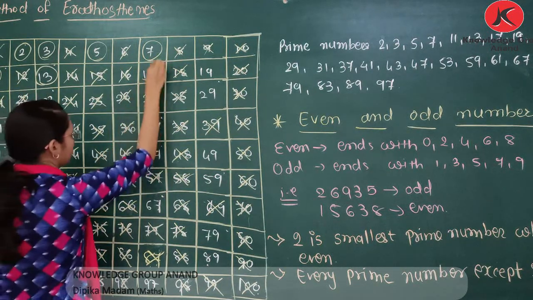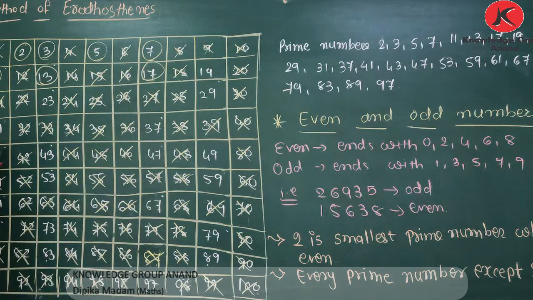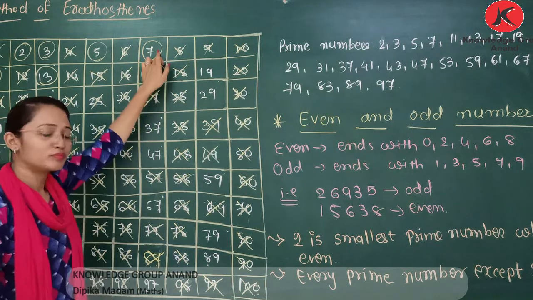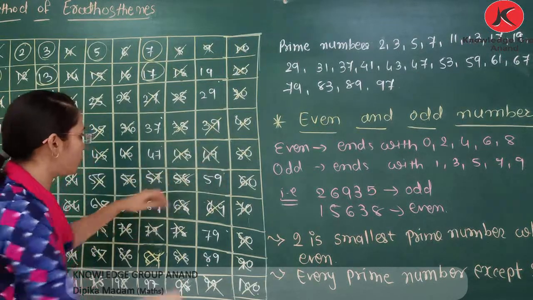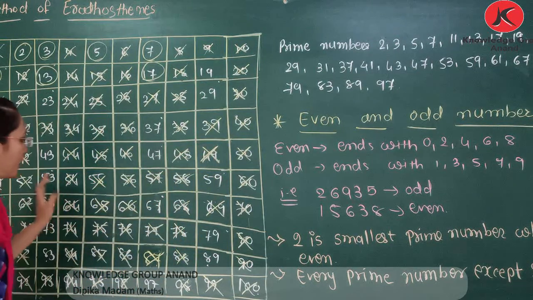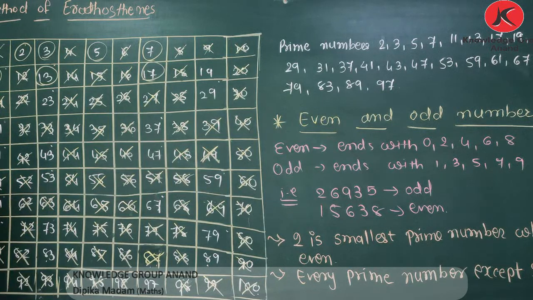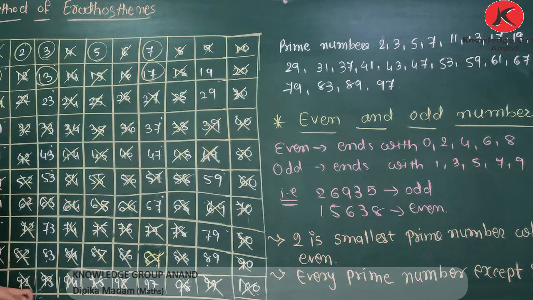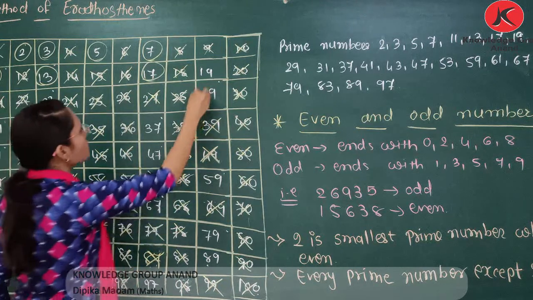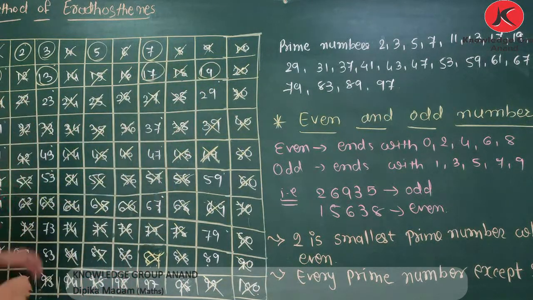Now 17. Multiple of 17, that is 49. We crossed the 49. After that, any remaining multiples of 17? No. All are already crossed. Now 19.